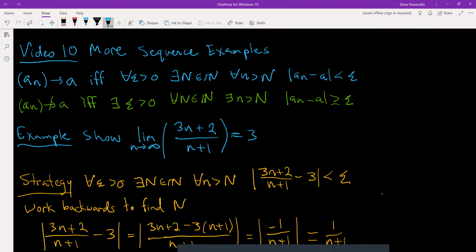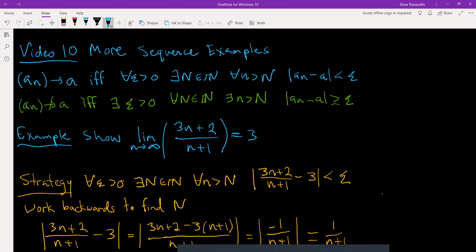So there comes a point, an index value, where you get within epsilon distance of the limit, and you want to find this cutoff point. That cutoff point is what capital N is, and everything beyond that is going to be the indices for the terms in which you're within epsilon of the limit A.